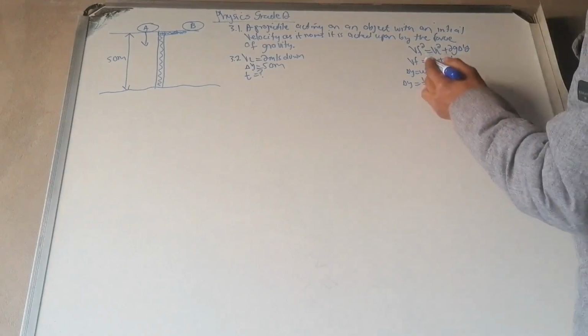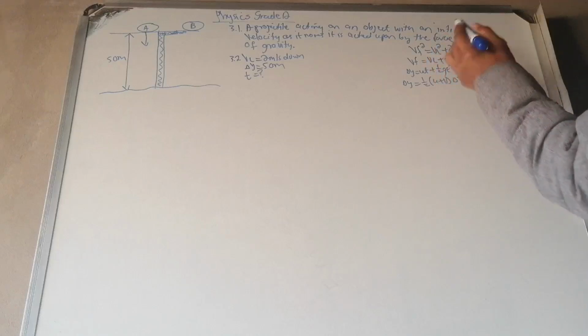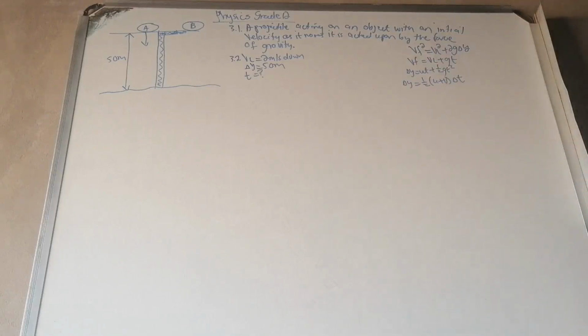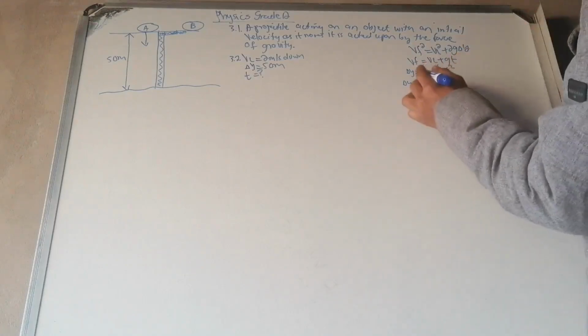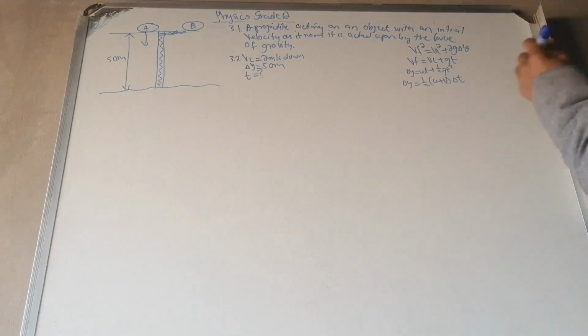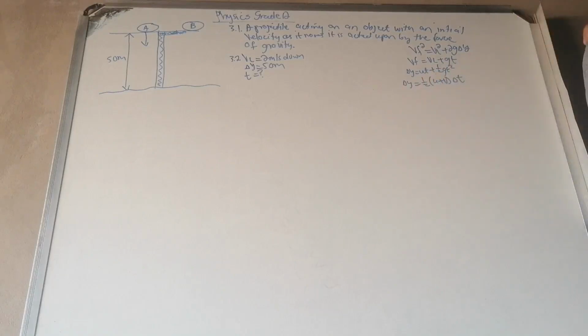If I look at this equation, I don't have the final velocity, I don't have the acceleration. This is highly problematic. If I try to go for this one, I don't have the acceleration. If I go for this one, I don't have the time, I don't have the final velocity.